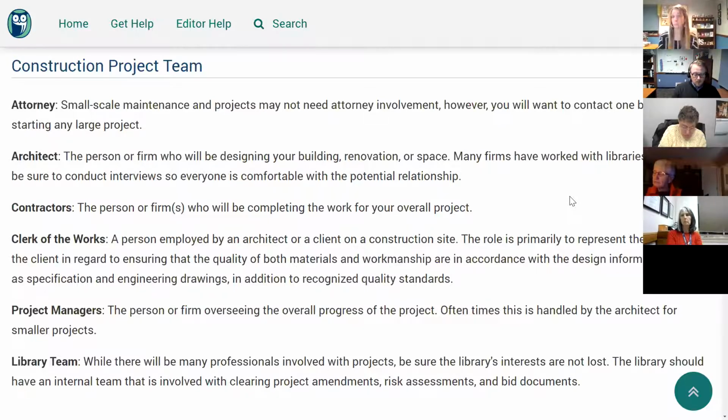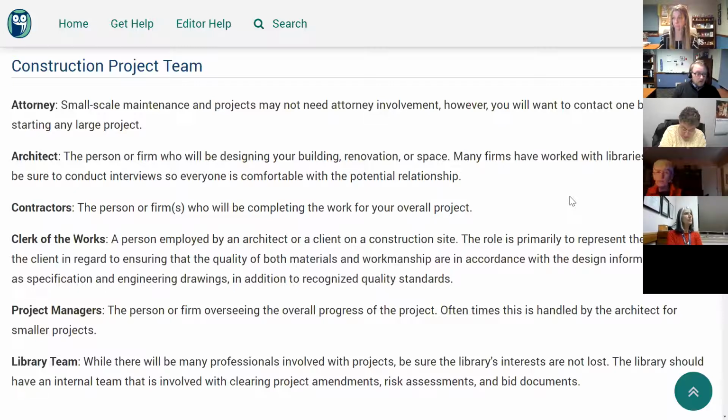This legal support may range. You may only need them once or twice for certain bid documents. You may need them on retainer for the whole project, depending on what it is. But before you start working with a large scale construction project, you should figure that you're going to have some type of legal fees involved.